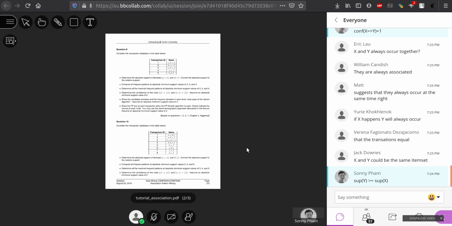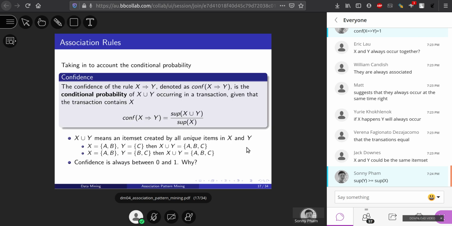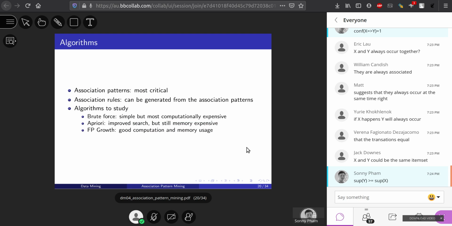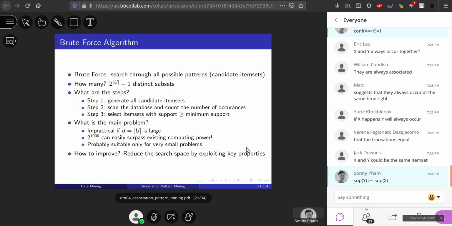All right, so we have the concept of confidence. Now there are 3 algorithms that we discussed in this lecture. The first one is a brute force algorithm. From the slide and from the video, I mentioned that if the number of items in a transaction data set is really large, for example 1,000 different items, then if you try to enumerate all possible item sets, it will just be too much.